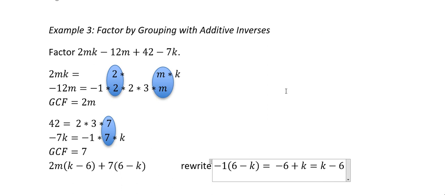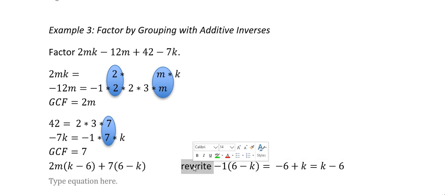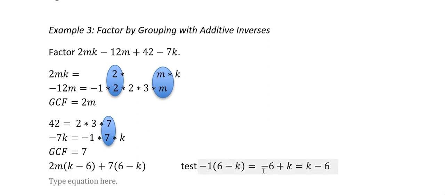So we have to go and take 6 minus k and rewrite it as that negative 1 times. Okay, so let's not say this, let's say test. Negative 1 times 6 minus k is in fact k minus 6. So we're going to pull a negative 1 out of this and put it in front of the 7.